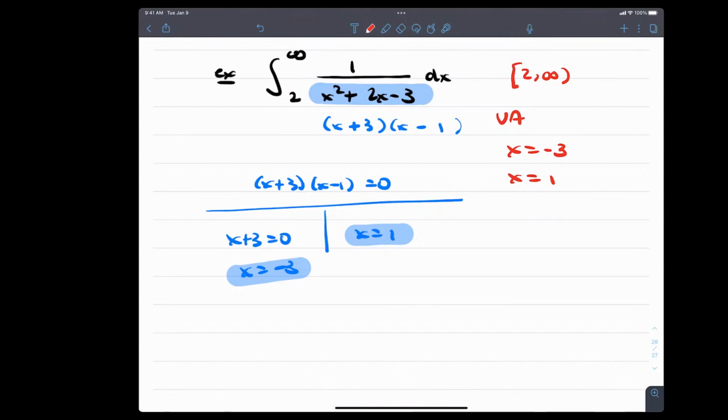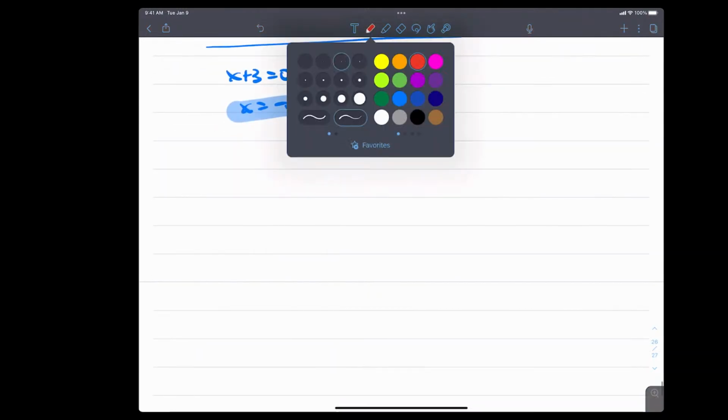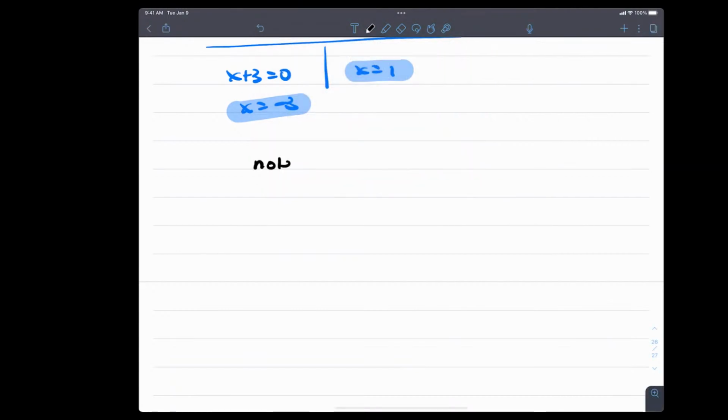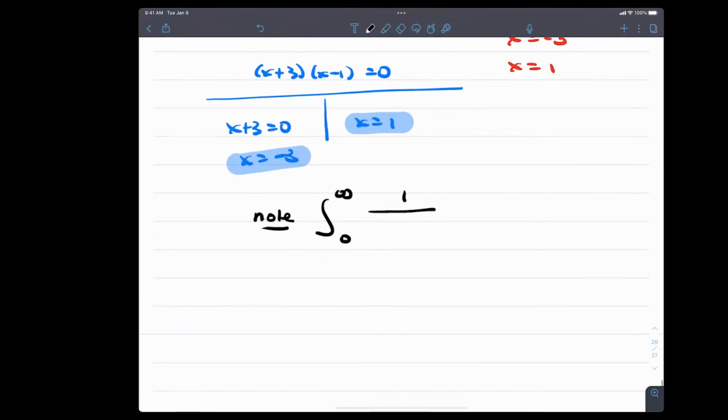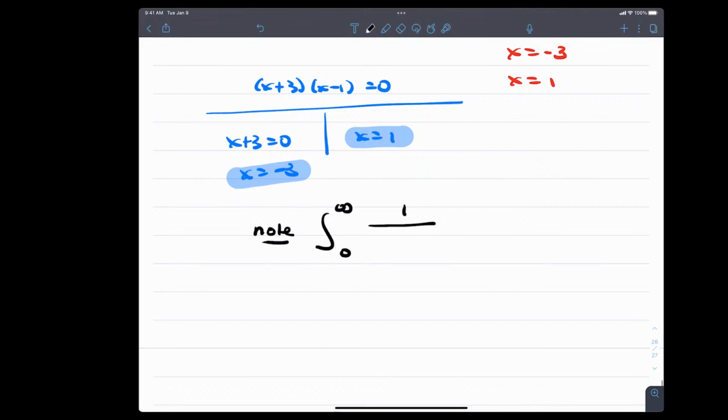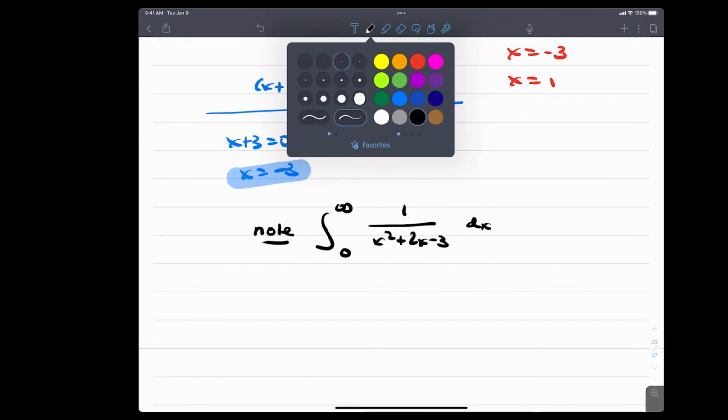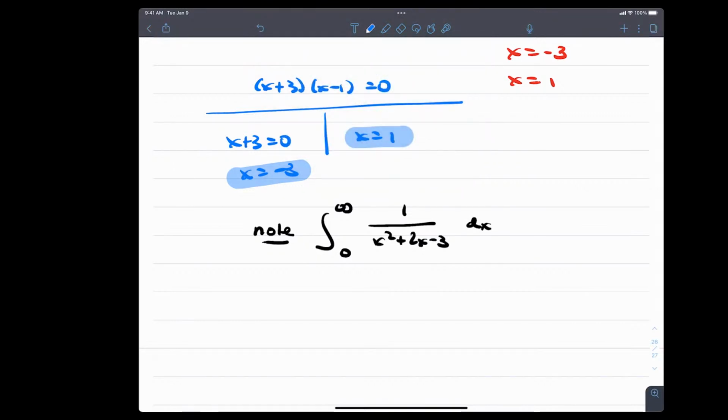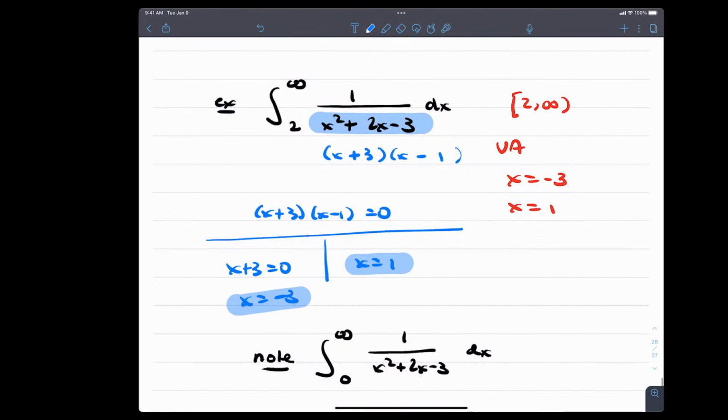Should I show you guys what I'm talking about? Just give you guys a note. Just a what if. Something like this, I don't think they did. If they changed that from 0, right? x squared plus 2x minus 3. So now you have a combination. You have a vertical asymptote at 1.